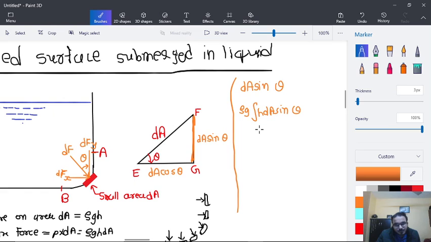This will be the total pressure force acting on a surface. This will be equal to the force on the projected area of the curved surface.